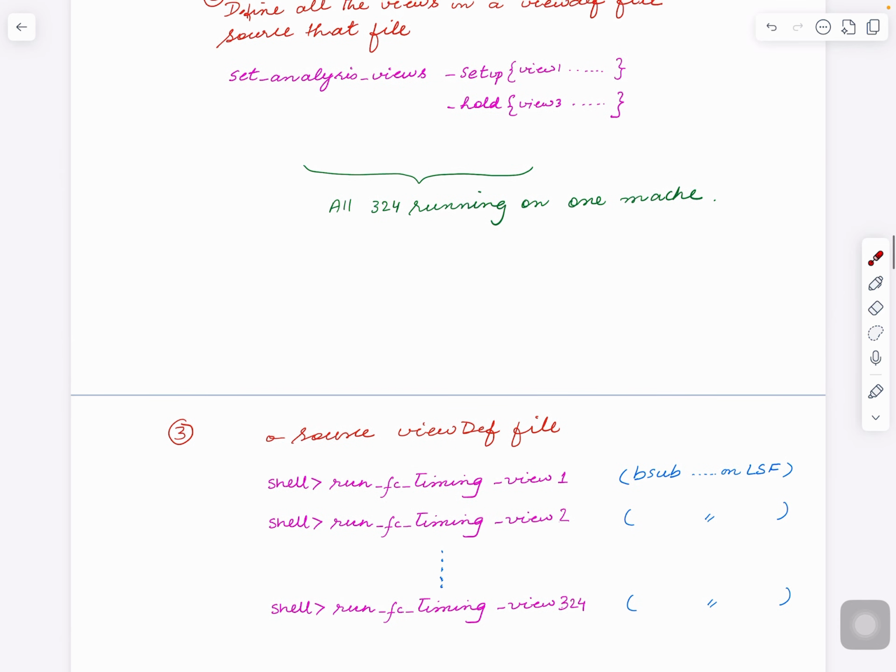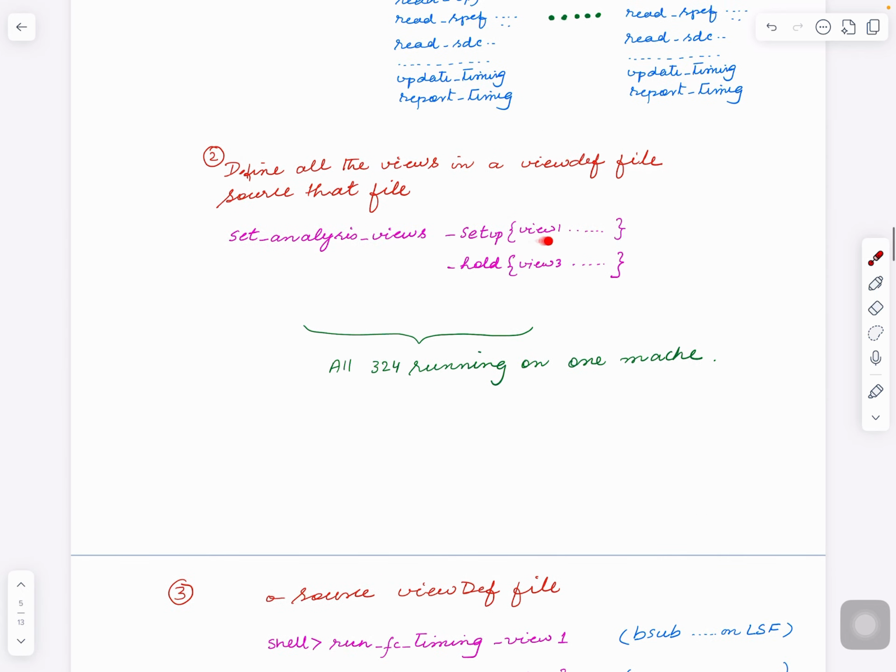Okay, one way is you still define your view definitions in one file, your sources, so your setup is common. And then on the Unix shell, you create a top level wrapper, run FC timing, and inside you give an option or arguments which define the view. Based on the view, it sets the right thing. Let's say it's just one view, maybe define setup and hold both or just one of those.